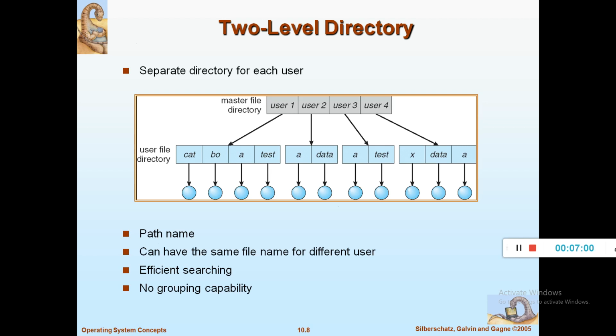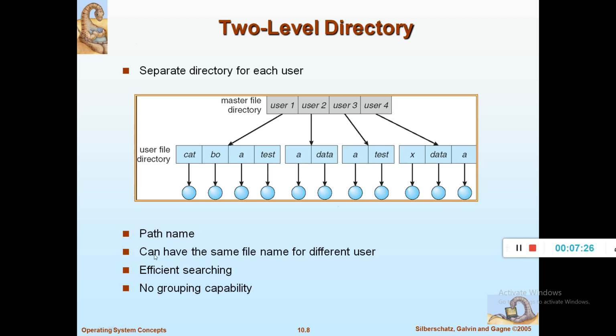So if you want to access or locate the files, in this method we use path names. Path name means you give the location where the file is located. For example, if the file resides in the D drive, then you give D colon forward slash third sem forward slash student list, and like that we can access the files.